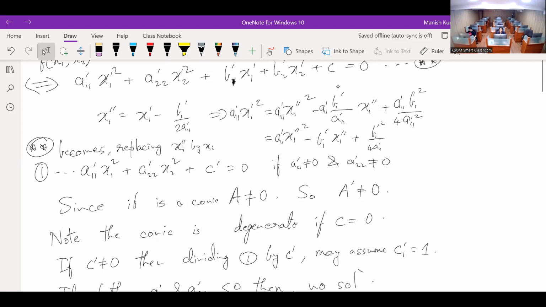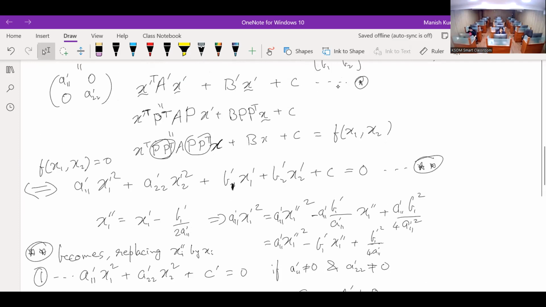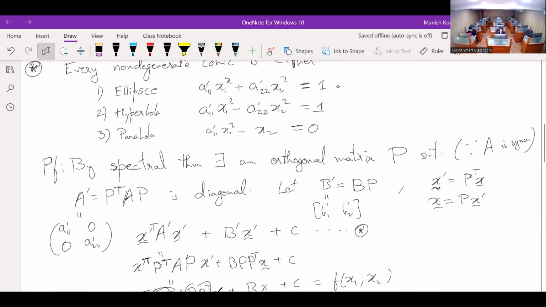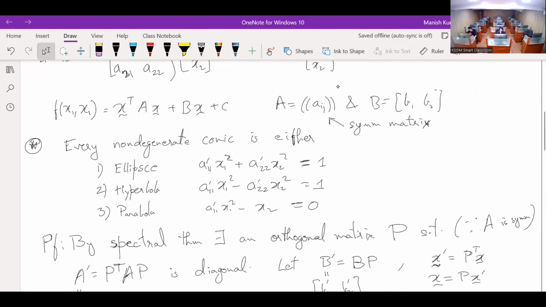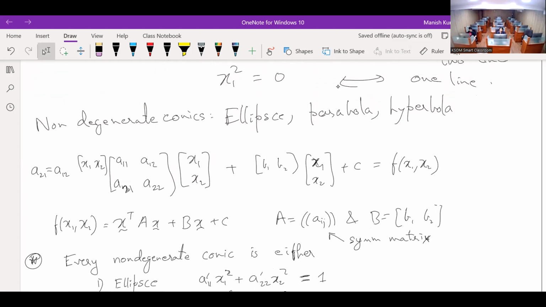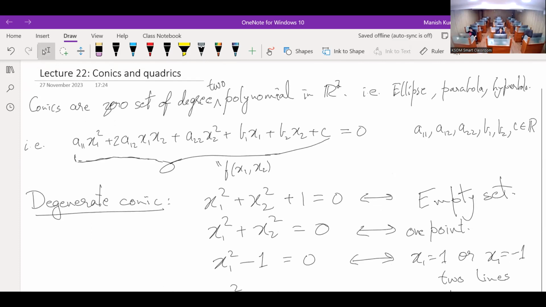Now, we know that this is a conic, so f(x1, x2) is a degree 2 equation. Degree 2 means that a11, a12, a22 can't all be 0.